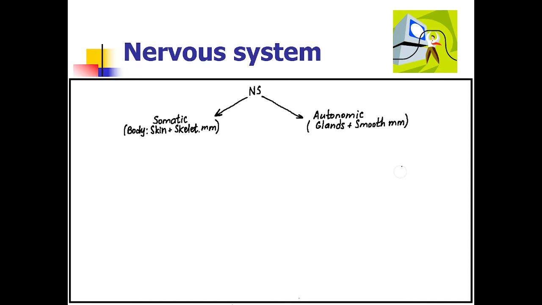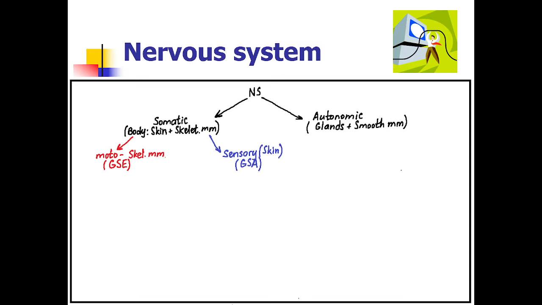Autonomic though will innervate glands and smooth muscles, or technically internal organs, because my internal organs are composed of glands, smooth muscles and specialized cells. Yes? Very good. Now, in the somatic nervous system, I will define two parts: somatomotor and somatosensory.